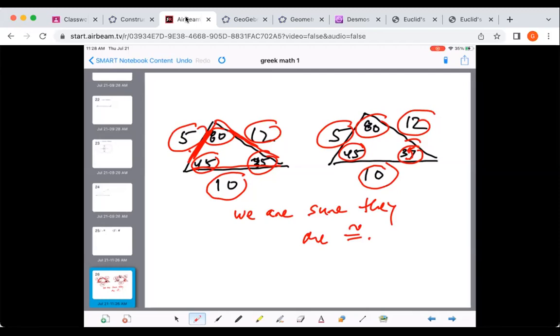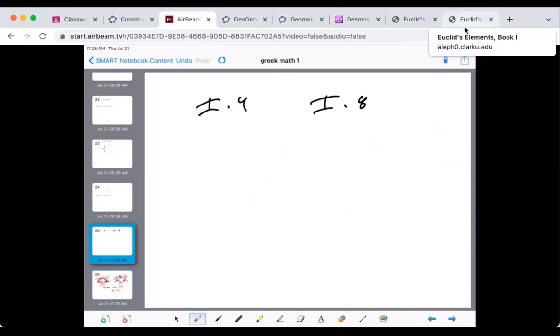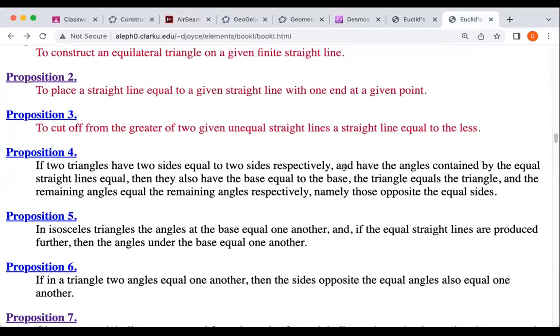Now, what book 1 proposition 4 says is that I don't need to measure all 6 things.